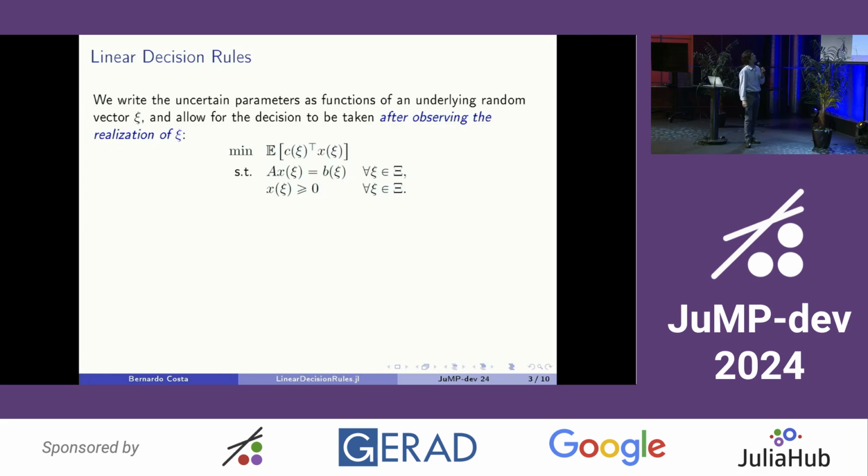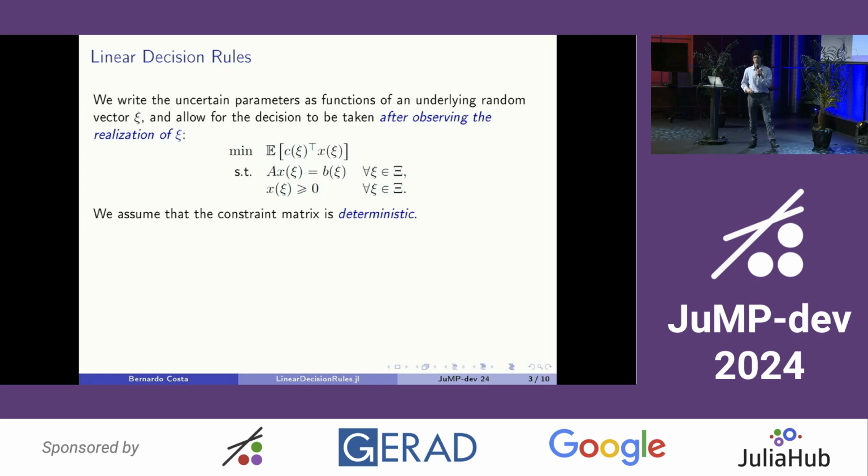So the whole framework of linear decision rules is that you try to write the uncertain parameters as functions of some underlying vector xi, and you want the decision to also depend on this uncertainty after observing it. So it's kind of a recourse action. So you replace the standard formulation that I gave you with this functions-of-xi form, where everything now depends on xi, and you have this big Xi here, which is the support of your uncertainty.